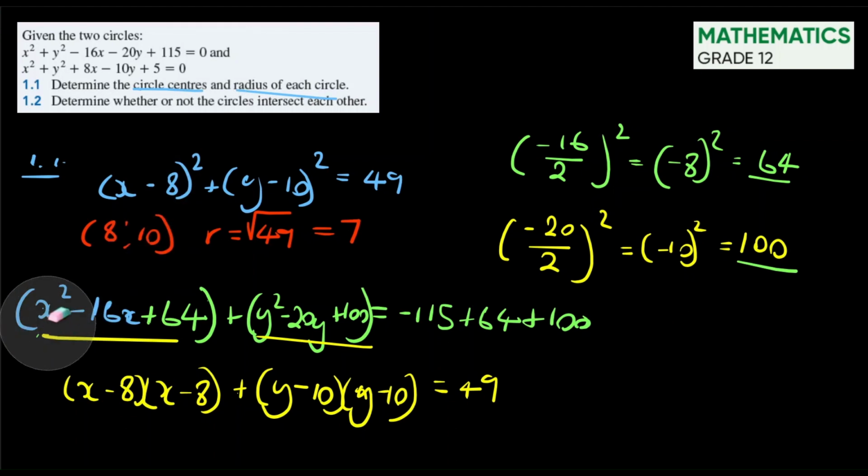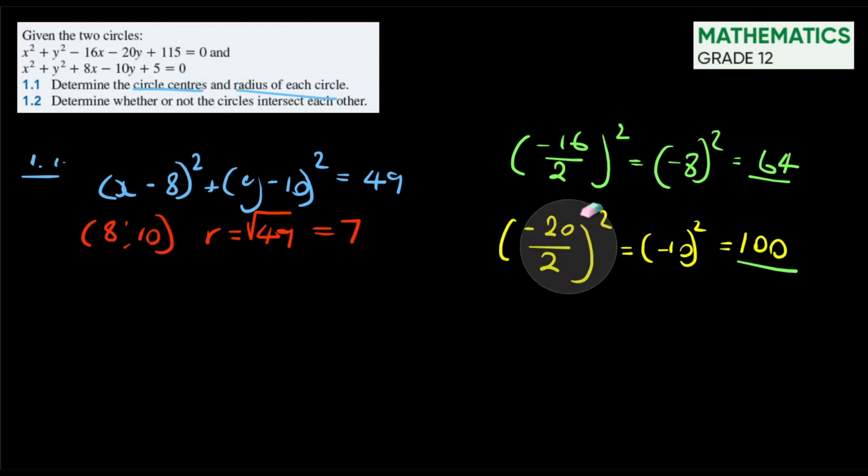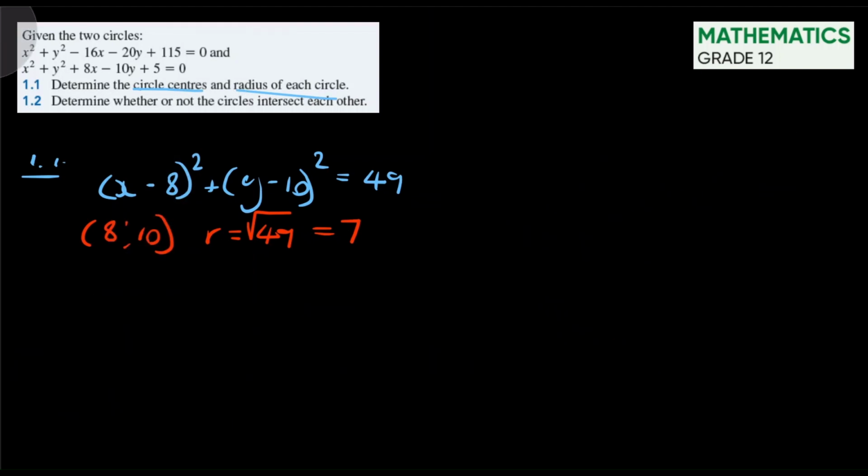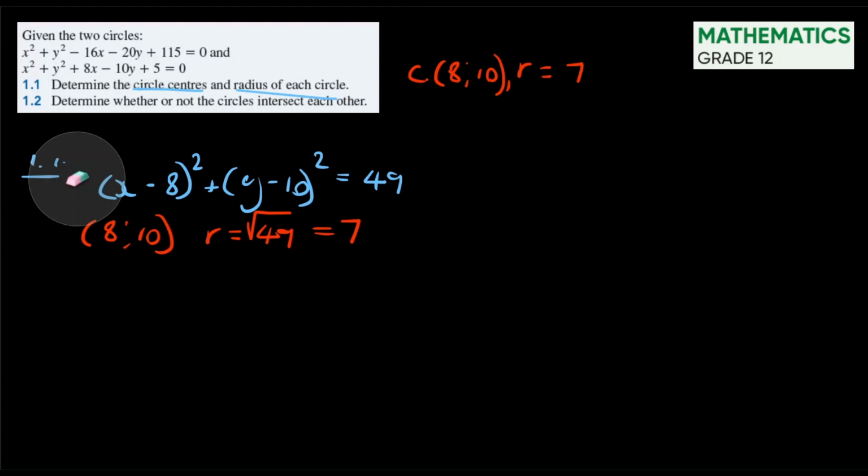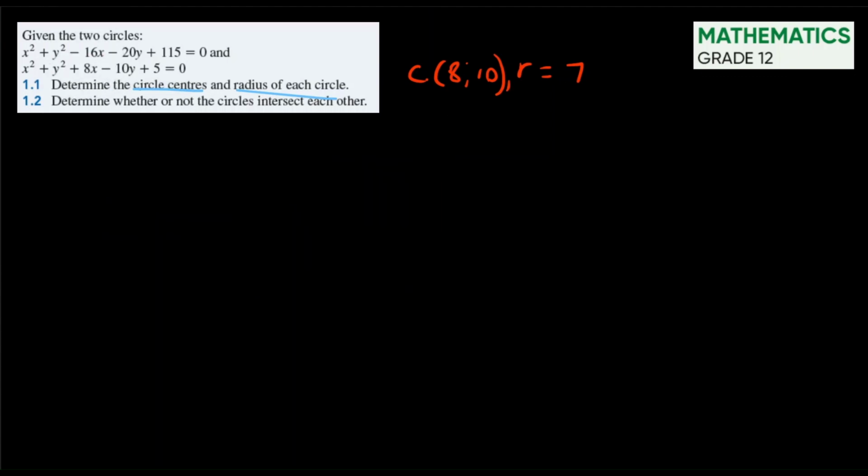And this is important because we'll see how this leads on to the next question. So for 1.1, or for the first circle, let's write our circle center to be (8, 10), and r to be 7. So this will be the C for the circle center.